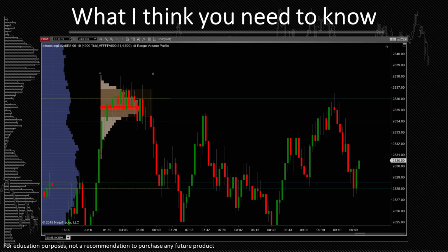Okay, last one before I bore you to death. I drew a volume profile on the top volume node there, and it sits right between those two lines that were drawn on the chart. And I think it encompasses the volume node pretty well, showing the lows and the highs of the volume node.